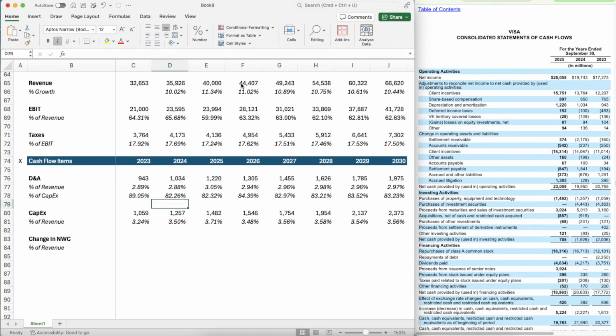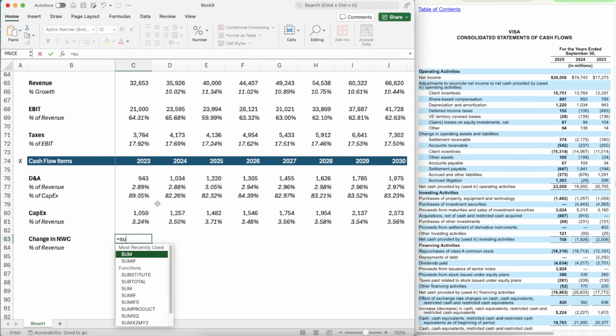When depreciation and amortization is lower than capex, it does tend to reduce cash flows, as you'll see when we get to how we calculate them. But let's focus on the change in net working capital now.